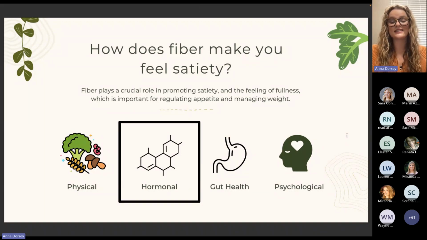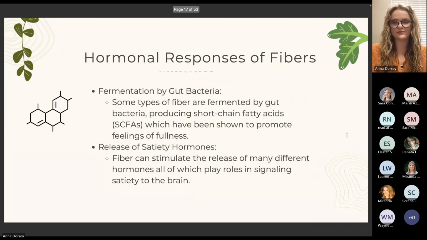So let's talk about some hormonal benefits of fiber. When fiber is being digested, when it reaches the small intestines, it's going to ferment and produce something called short-chain fatty acids.